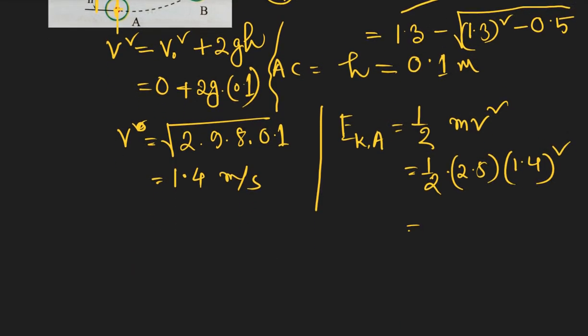So the final result for the kinetic energy at the lowest point, means at point A, will be 2.45 joule. So this is our answer.